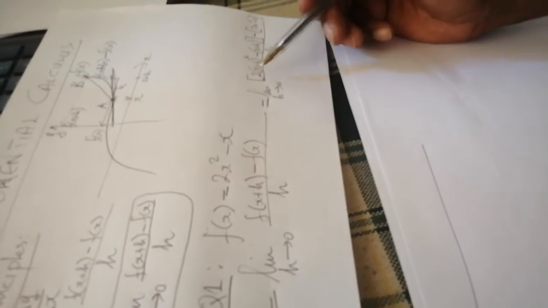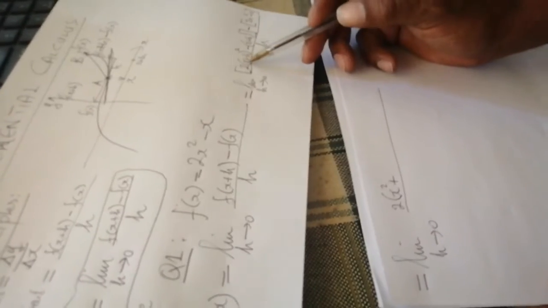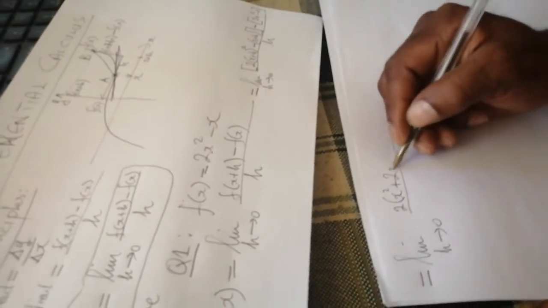Taking it from here, that's the limit as h approaches 0. Then what we're going to do here is just apply the normal algebraic manipulations. It's 2 times x plus h all squared. You're going to square x, that's the first term, plus double the product of x and h, which is 2xh.